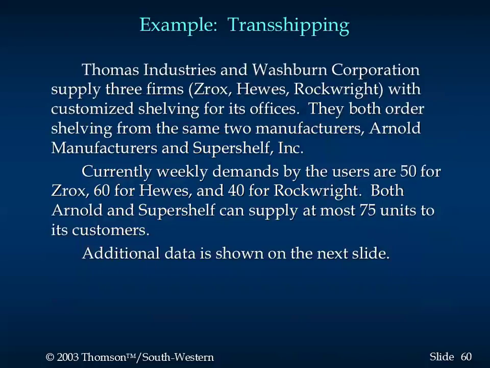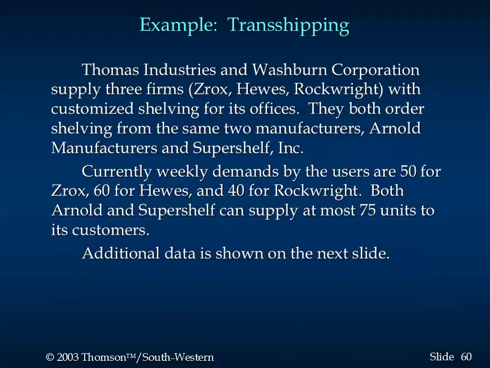Weekly demands for the users are 50 for Xerox, 60 for Hughes, and 40 for Rockright. Both Arnold and Supershelf can supply at most 75 units to customers. So let's look at demand and supply here. 50 plus 60 plus 40 is 150, and 75 times 2 is also 150. So it's balanced actually, so convenient for us.